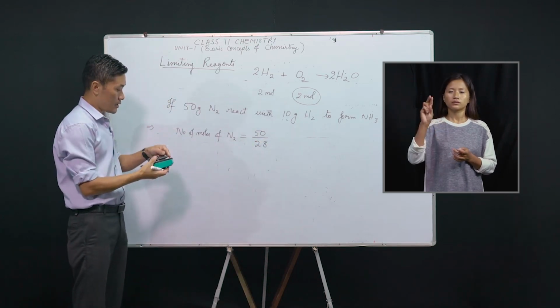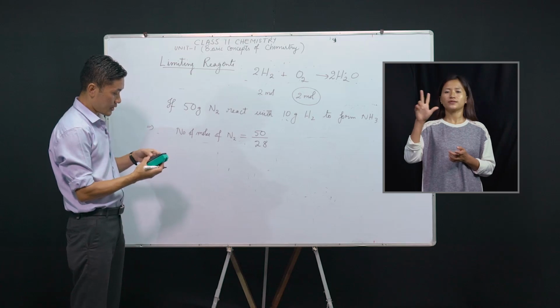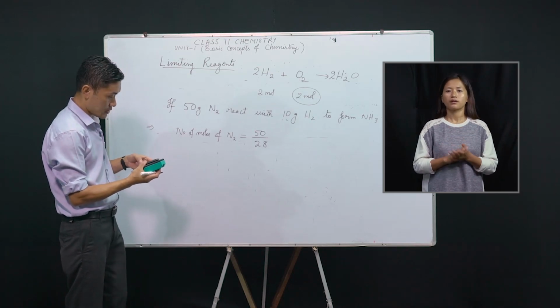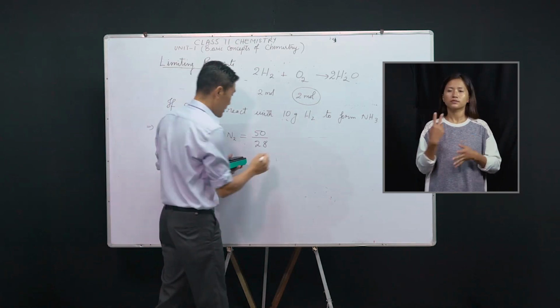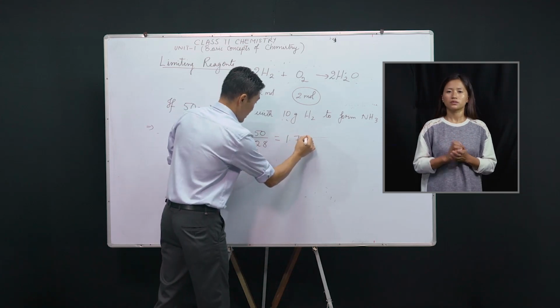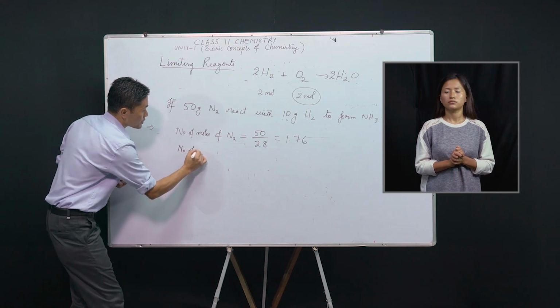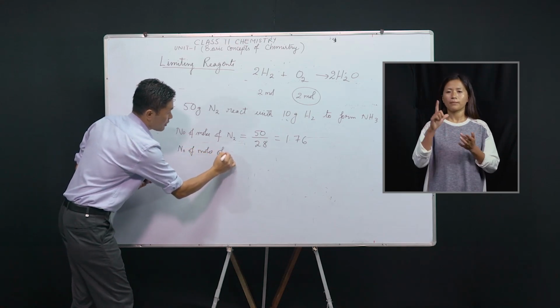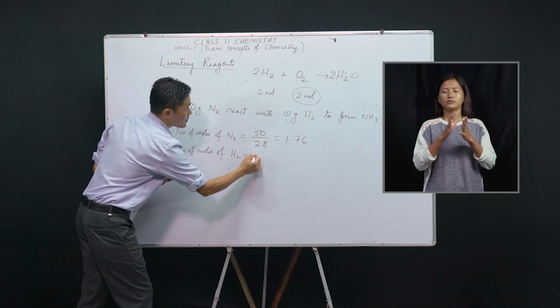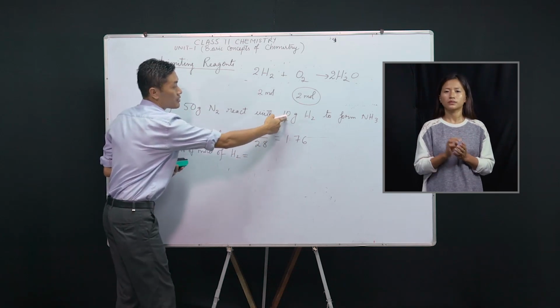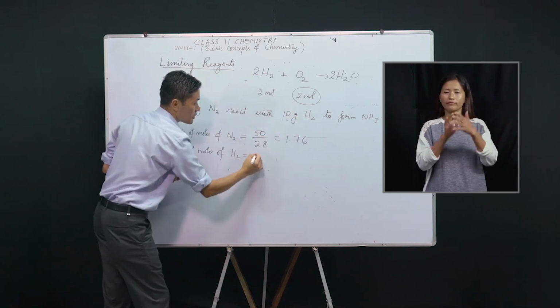So how much do we get here? 50 divided by 28 will give us 1.76. Then the number of moles of hydrogen will be mass again divided by molecular mass. Mass of hydrogen is 10.